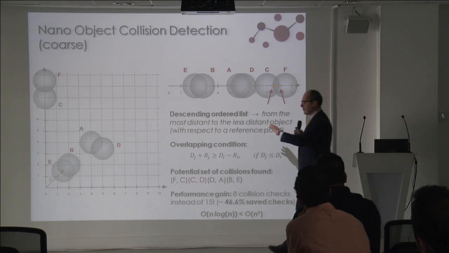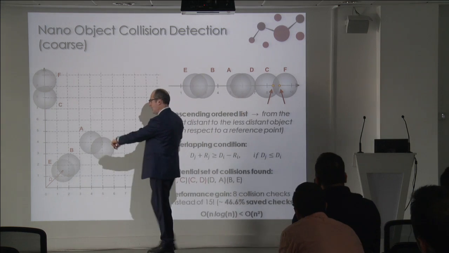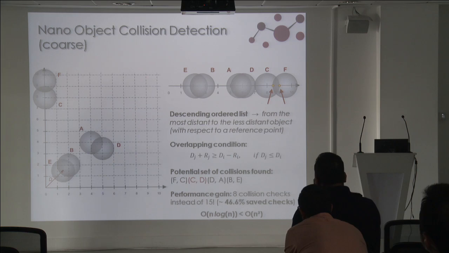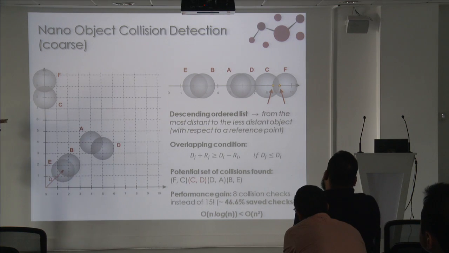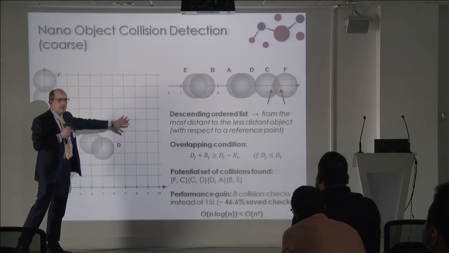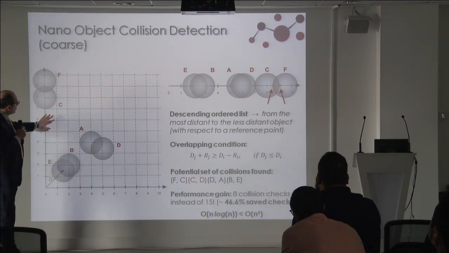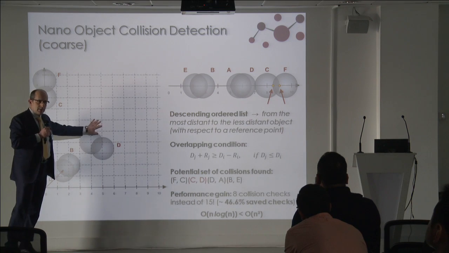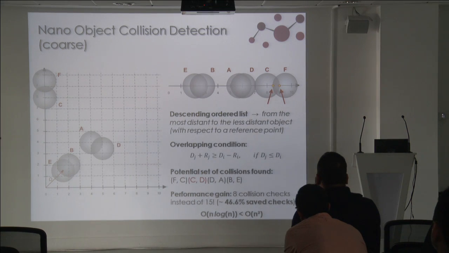Okay, I will illustrate the approach by using a two-dimensional space. The extension to 3D environments is straightforward. Now, assume that we want to simulate this environment and we want to check potential collisions between objects in this area. The first step is to find a potential collision.